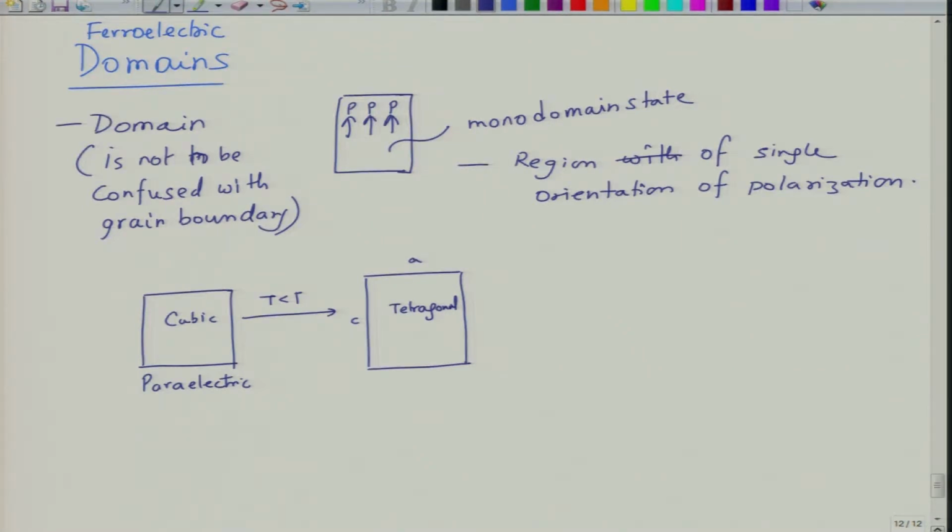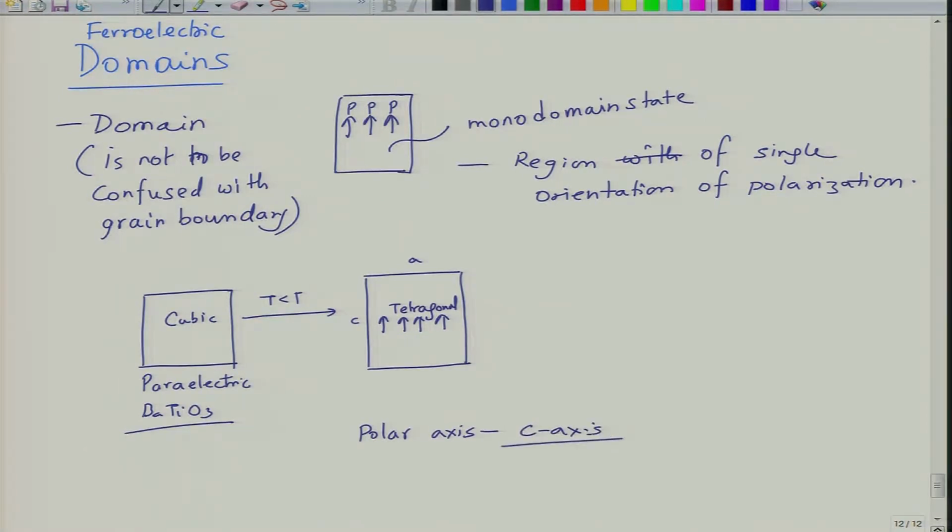Now, what may happen in this system is that, if you have a monodomain, let us say you convert in this fashion and you think that all the dipoles are now aligned in this direction, because the polar axis in such a material, let us say in the case of barium titanate, will be along the C axis, which is the 001 axis. So, the polar axis in the ferroelectric state is the C axis.